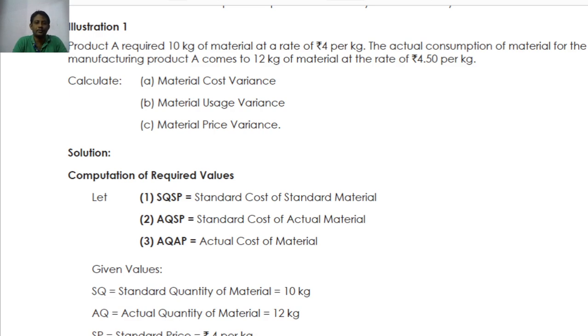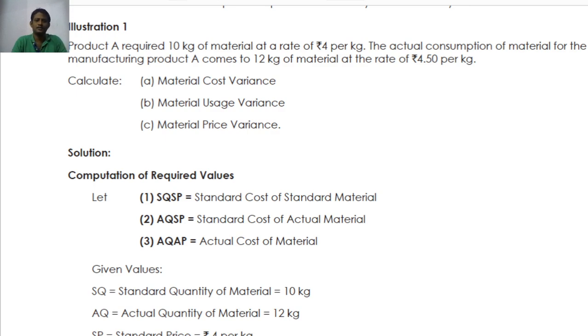Product A requires 10 kg of material at a rate of 4 per kg. Requires means we have to assume that is standard. As per standard, this product requires 10 kg of material and the rate is 4 per kg. Standard quantity is 10 kg, standard price is 4 per kg.